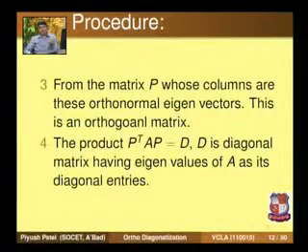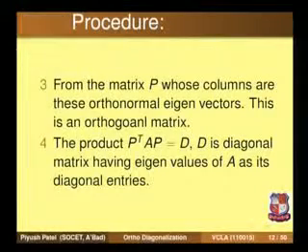So the procedure says: find the eigenvalues and eigenvectors, apply the Gram-Schmidt process to orthonormalize them, and we get an orthonormal basis of Rn, that is, n orthonormal eigenvectors. Using these n orthonormal vectors, we form a matrix P, and then the product P transpose AP will be the diagonal matrix.